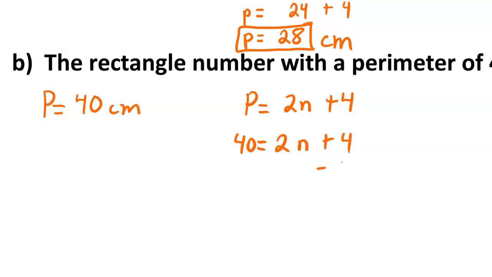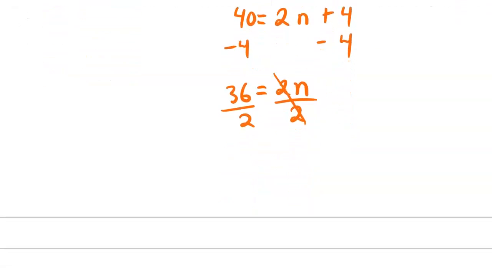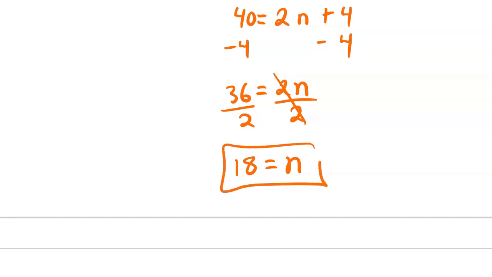Now we have to move this 4 over, so you do that to both sides. You do the opposite. It was adding, so we're doing subtraction. That gives us 36 equals 2n. Now in order to get n by itself, we have to divide by 2. Divide by 2, that cancels. And you're going to have 18 equals n. Now 18 is going to be your figure number.